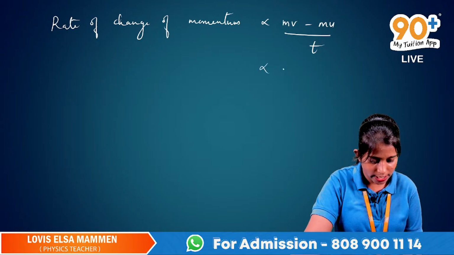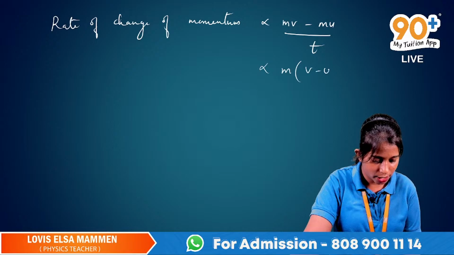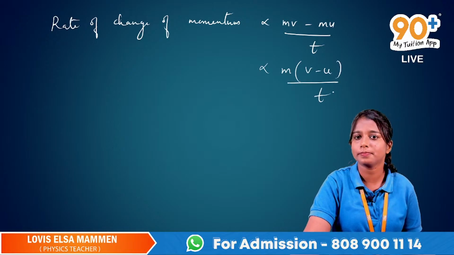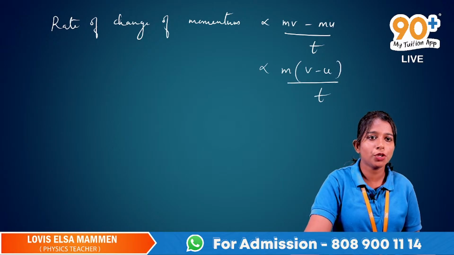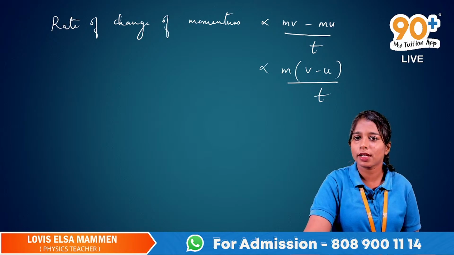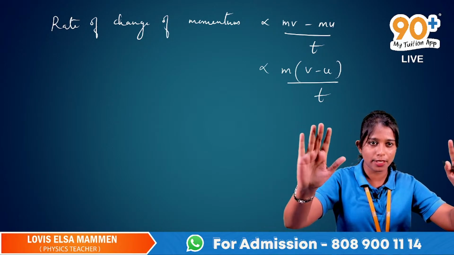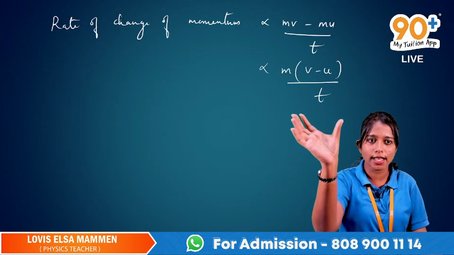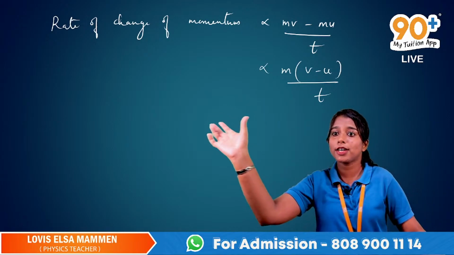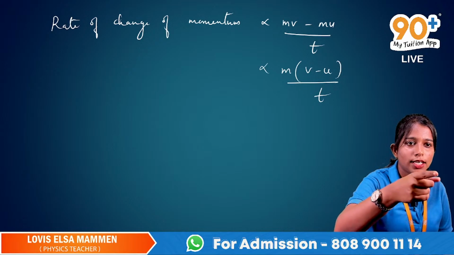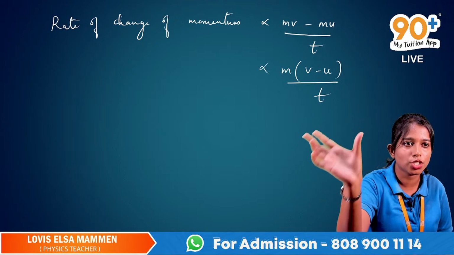So we can say m into v minus u by t. Do you understand? What is this quantity? This is the rate of change of momentum.